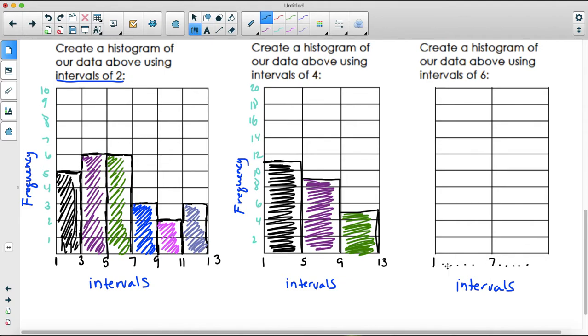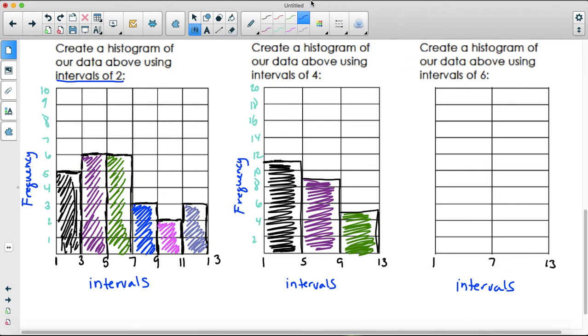I have 1, 2, 3, 4, 5, 6 values. And this one should end on a 13. That tells us that we have 6 data points between 1 and 7, and 6 data points between 7 and 13.